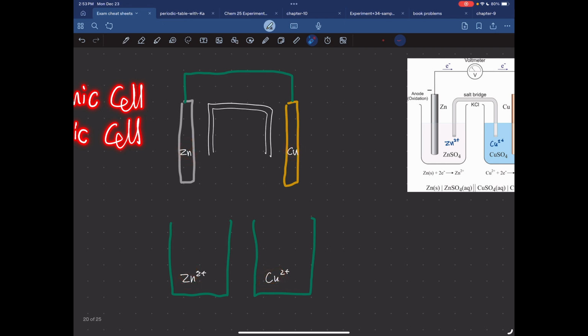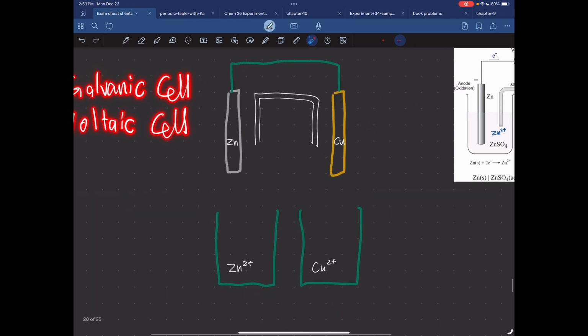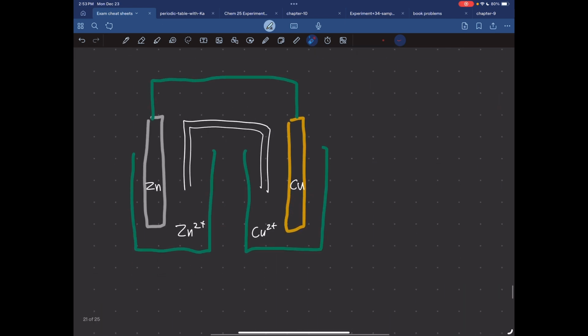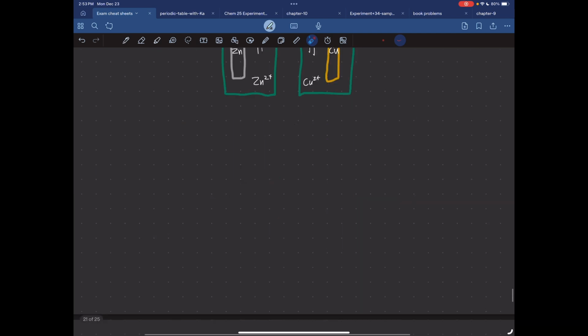So what a galvanic cell and voltaic cell has is this. There's a zinc and a zinc ion, copper ion, and copper solid. And there's a solution of zinc ions and copper ions here, and a salt bridge, which I will explain at the end of the video.